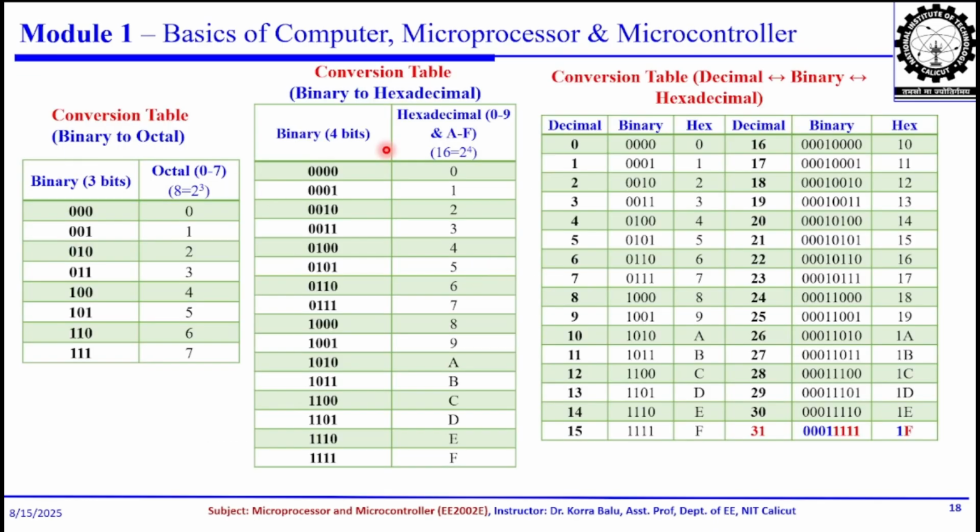So these are the conversion tables. You will see here octal can represent 0 to 7, that is 8 symbols: 0, 1, 2, 3, 4, 5, 6, 7. It is represented as 8 equals 2 to the power of 3, where the base is 2 and the power is 3. Then how many digits are there? The power represents the bits.